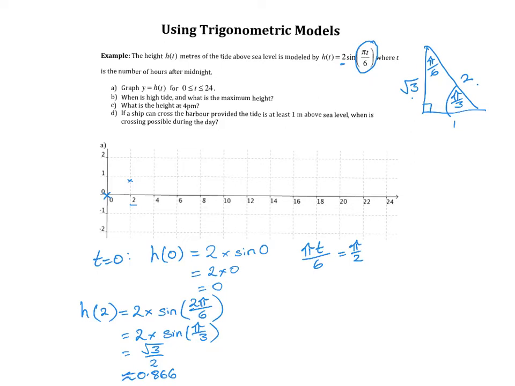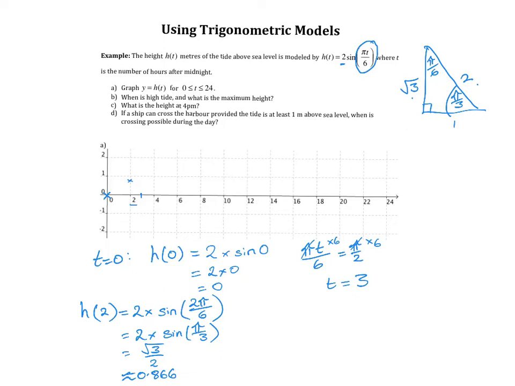Because that's when sine of pi on 2 is 1, so we'll know our graph will reach a maximum. If I divide both sides by pi, cancel out the pi's, and multiply both sides by 6, we get t equals 3.